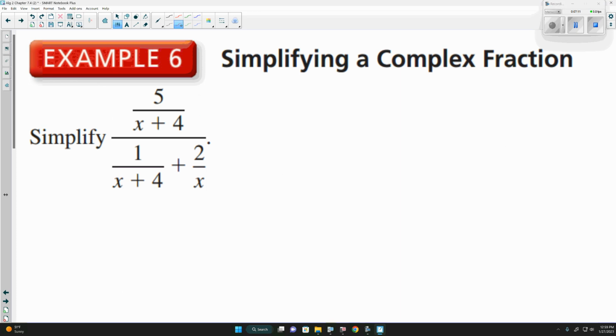So my first main question is, what would happen if I multiplied this top fraction by x plus 4? What would happen with these two here? They'd cancel, yes? Okay. What happens if I multiply this fraction here by x plus 4? They'd cancel.